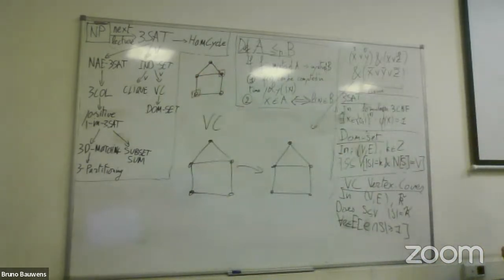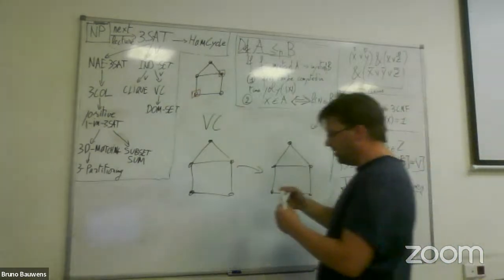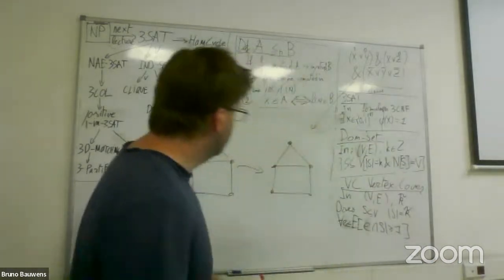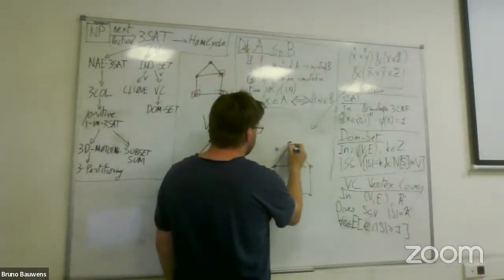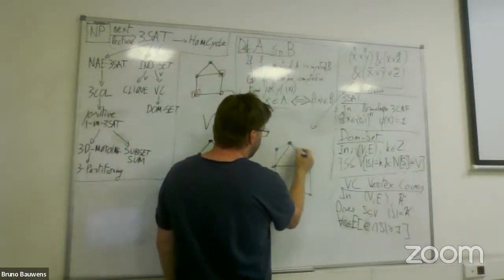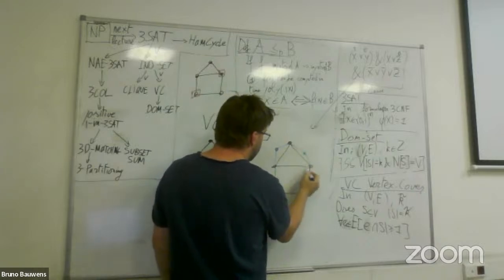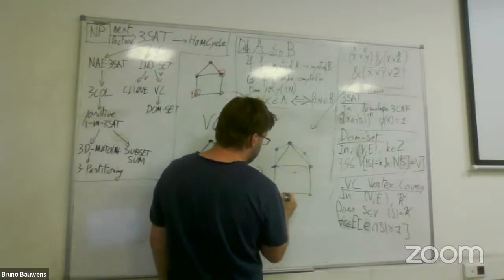Okay. So for vertex cover and dominating set, the construction is to just add a node to every edge. And now we have to prove the equivalence.